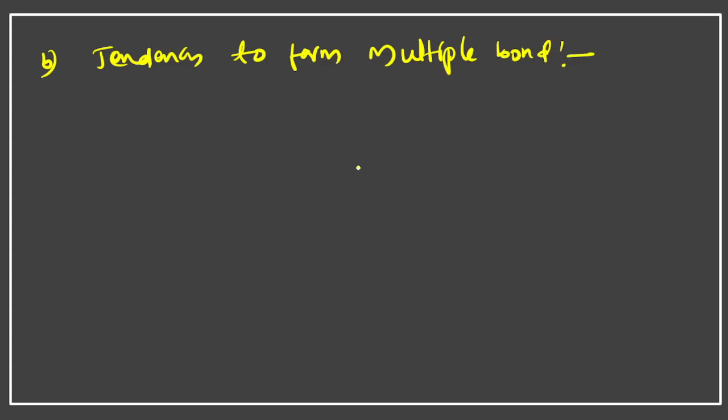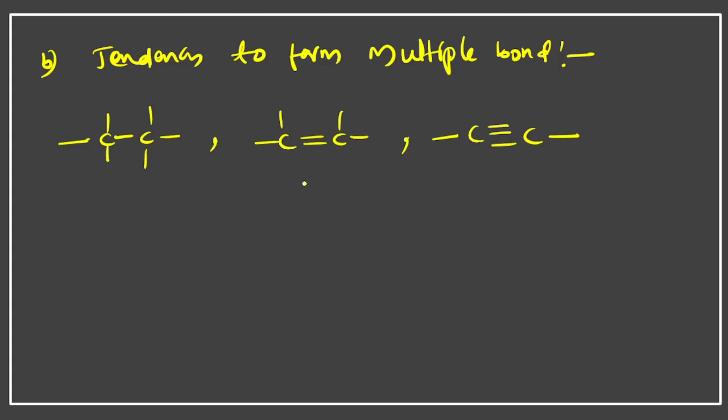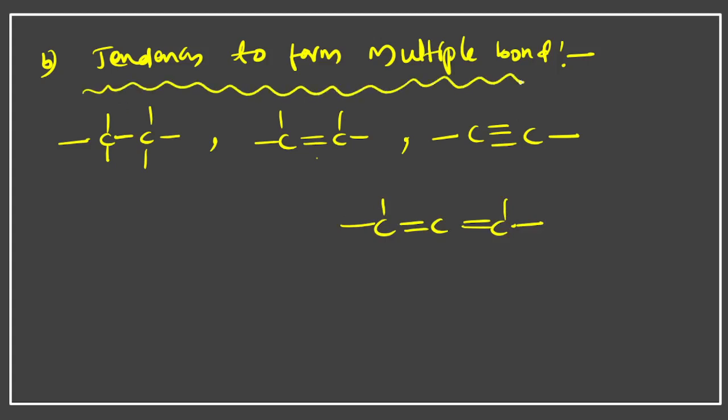The carbon atom can form the following types of bonds: carbon-carbon single bond, carbon-carbon double bond, and carbon-carbon triple bond. Yes or no? Carbon can form these types of bonds. This is the tendency to form multiple bonds.